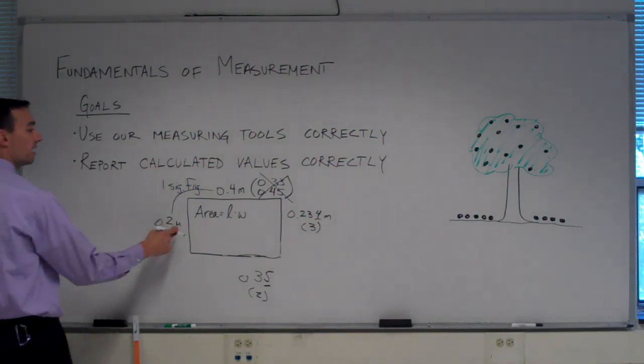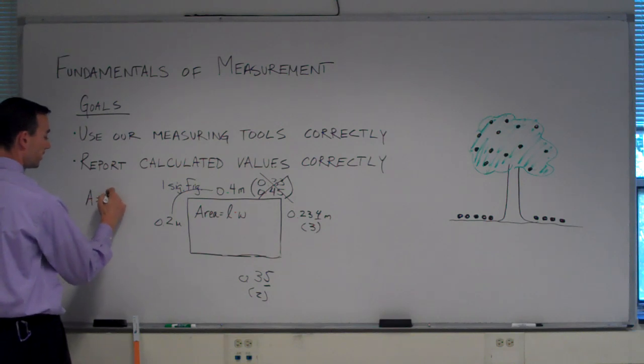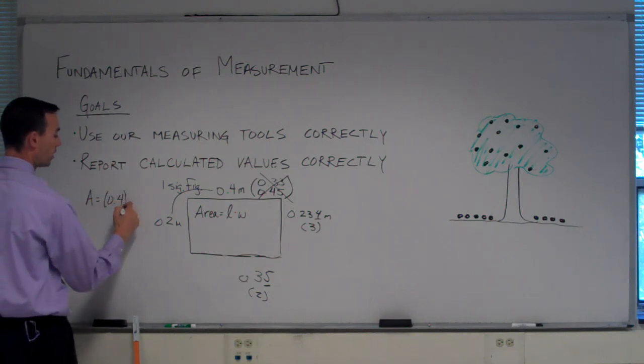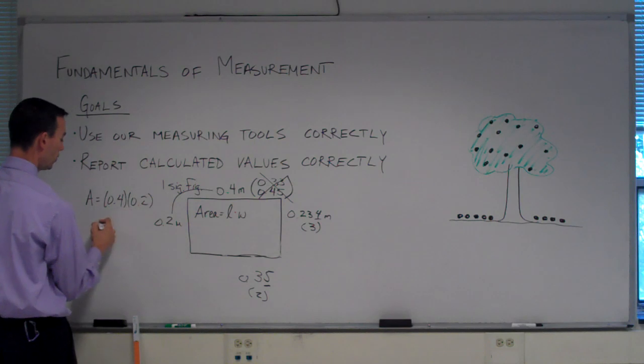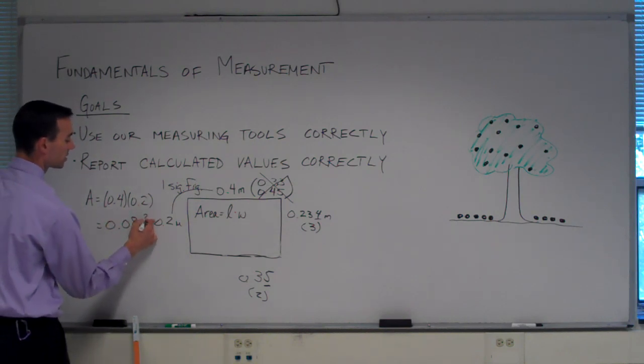To get the area based on these two values, it would be our 0.4 times our 0.2, or 0.08 meters squared.